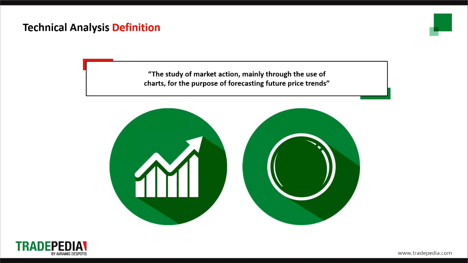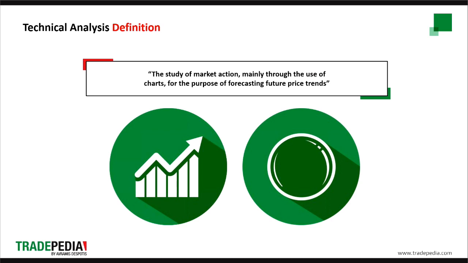The market action is simply the way the prices are moving. Now, during my years of experience and training traders, I noticed that traders tend to use a lot of indicators, while technical analysis is not the study of technical indicators, is it?